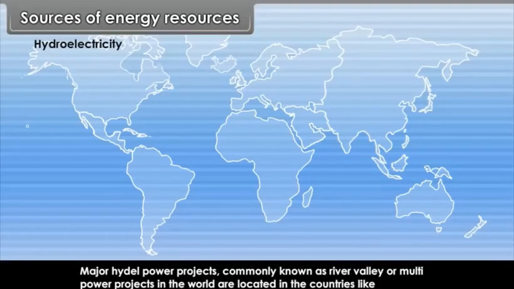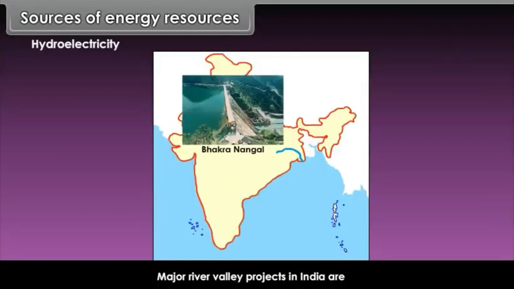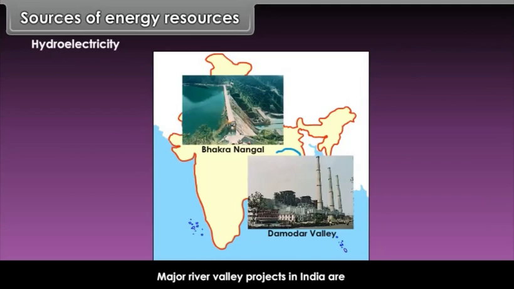Major hydel power projects, commonly known as river valley or multi-power projects in the world, are located in countries like Sweden, Norway, Switzerland, Canada and the USA. Major river valley projects in India are Bhakra Nangal and Damodar Valley Corporation, which produce hydroelectricity.